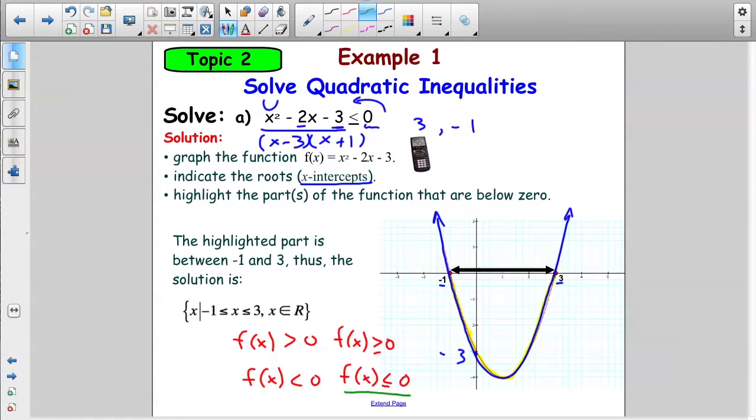Okay, so we have our function, which is x squared minus 2x minus 3, and it's less than or equal to 0.